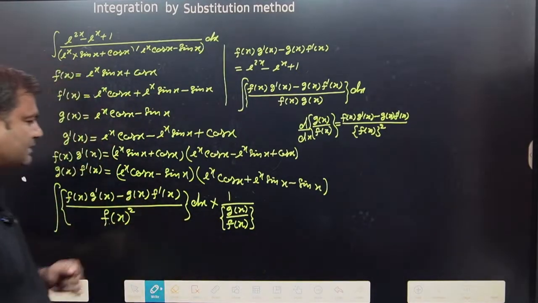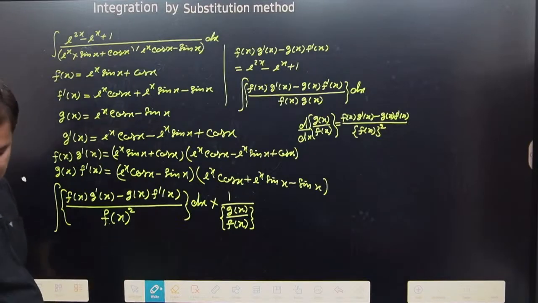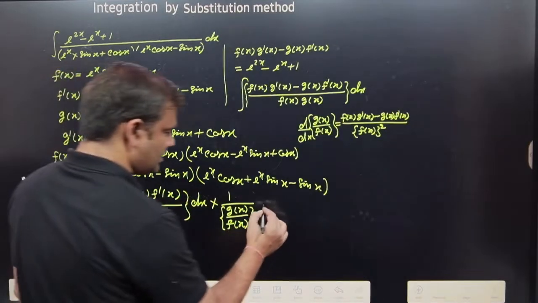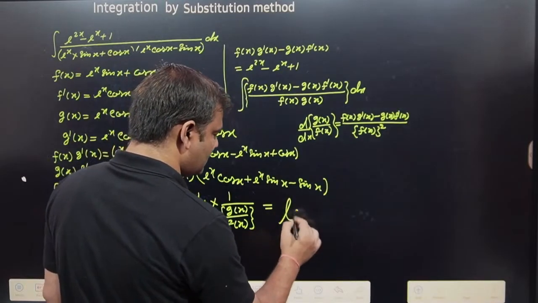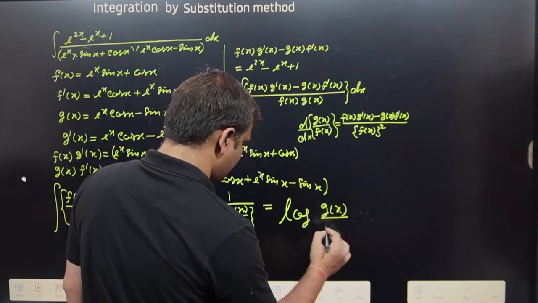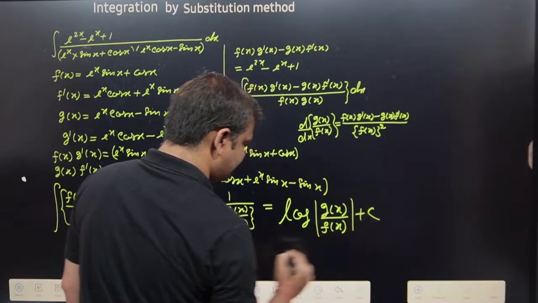If this one is t, then what about that value? dt. So you can say that it is log of g of x upon f of x plus c.